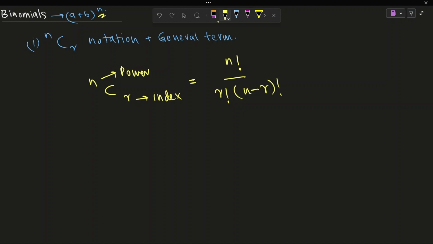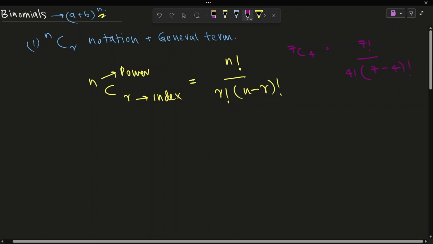That's it. So, for example, say you need to find 7C4. You're going to write that as 7 factorial over 4 factorial times 7 minus 4 factorial, which is just 3 factorial. So, let's expand it. We're going to get 7 times 6 times 5 times 4 factorial, stopping at 4 factorial because the denominators cancel out.